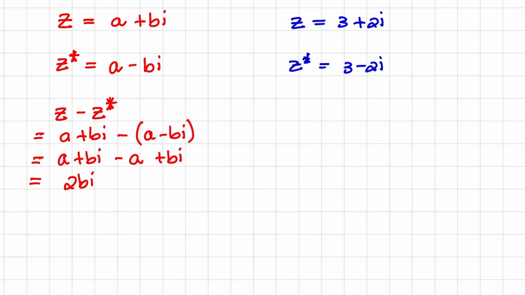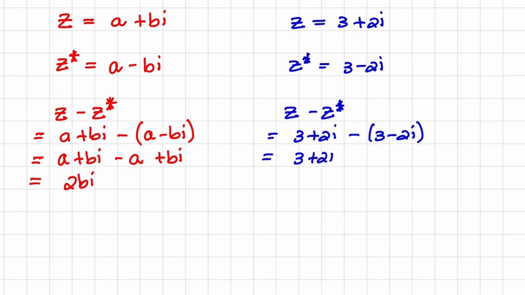So let us look at a practical example again of subtracting the conjugate from a complex number. So we have 3 plus 2i minus 3 minus 2i. And when I simplify, it will be 3 plus 2i minus 3 plus 2i. So remember the sign change, and that leads to 4i. Notice it's not equal to 4i squared. We are simply adding the coefficients together.